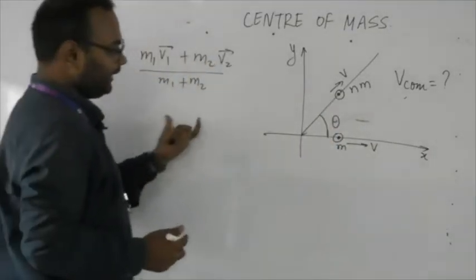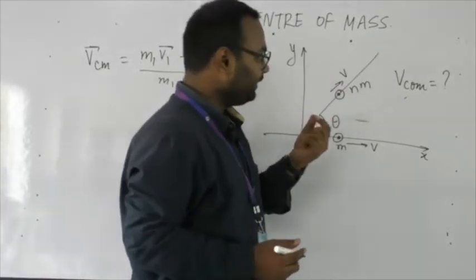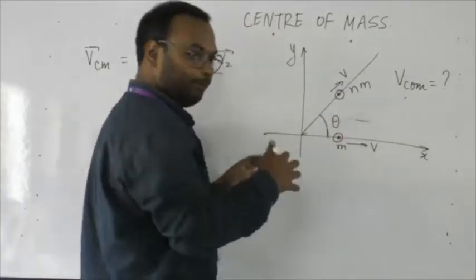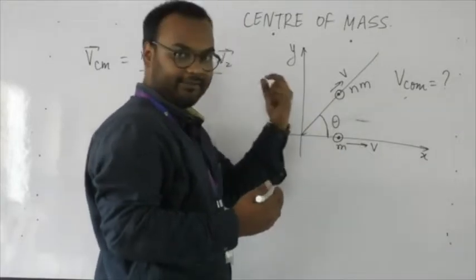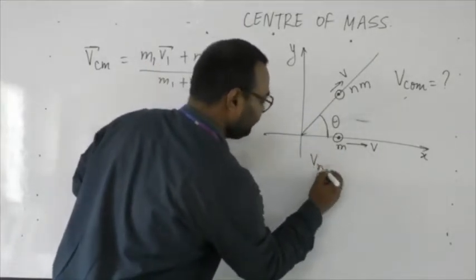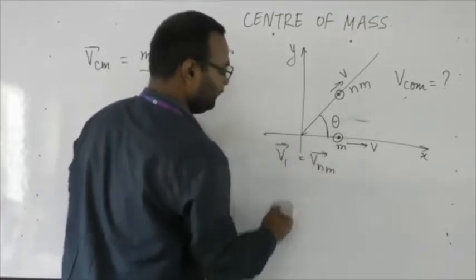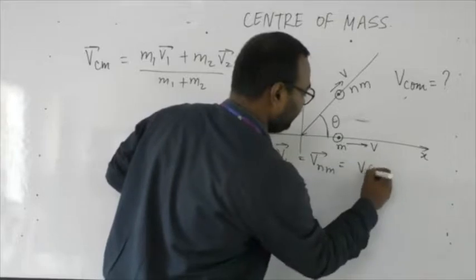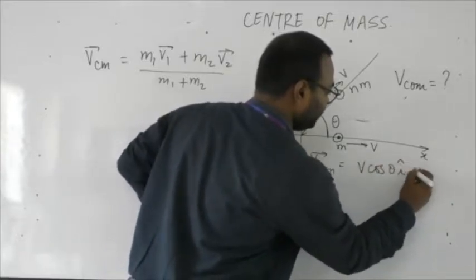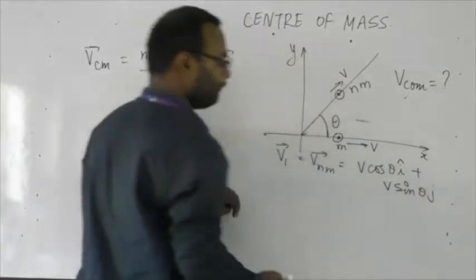That means we can write the velocity of this nm mass in terms of i vector and j vector, so v1 is v cos theta i plus v sin theta j.